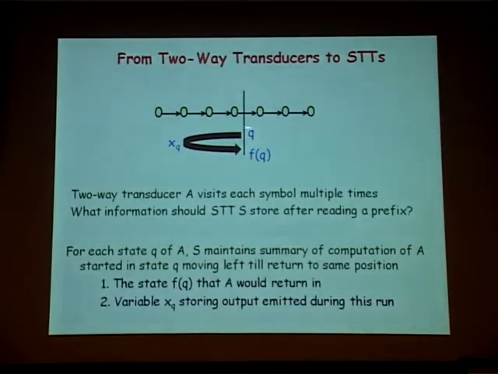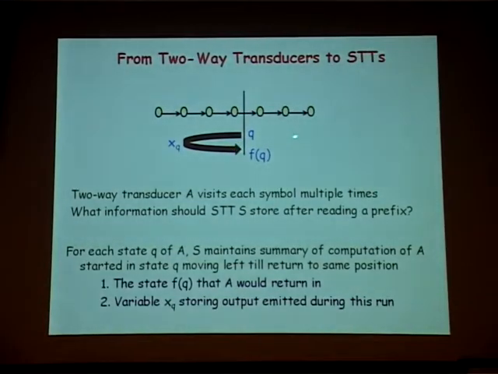So for each state Q, you want to ask the following question. If the automaton was going backwards in state Q, what would be the state it would go forward on its reversal? Basically, if it's going backwards, it would reverse. Maybe it will go back and forth multiple times. But with respect to this fence here, the only thing you care about is when it crosses this fence, what would be the state?